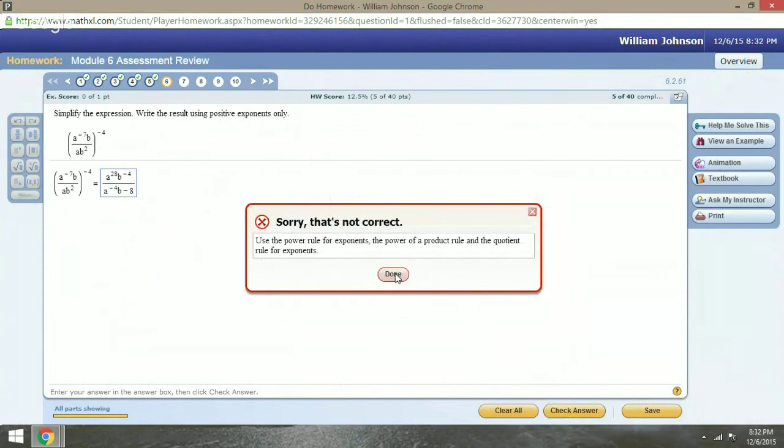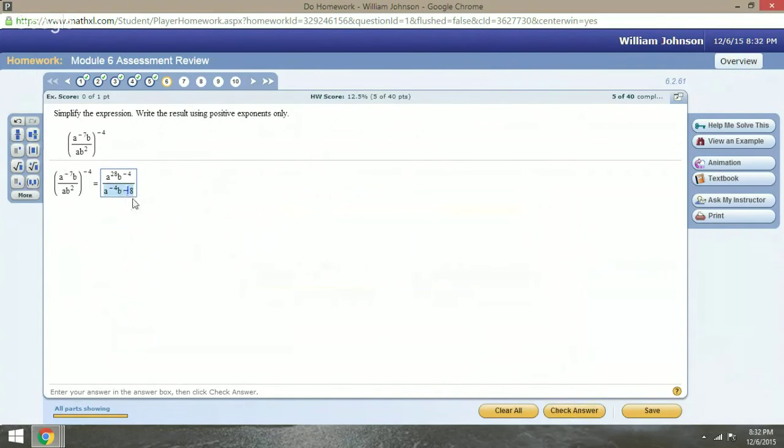So yeah, no, I said b to the minus 8th, not b minus 8. Again, ladies and gentlemen, this is why you don't use this software. And I probably got it in the wrong bloody format for the question too.